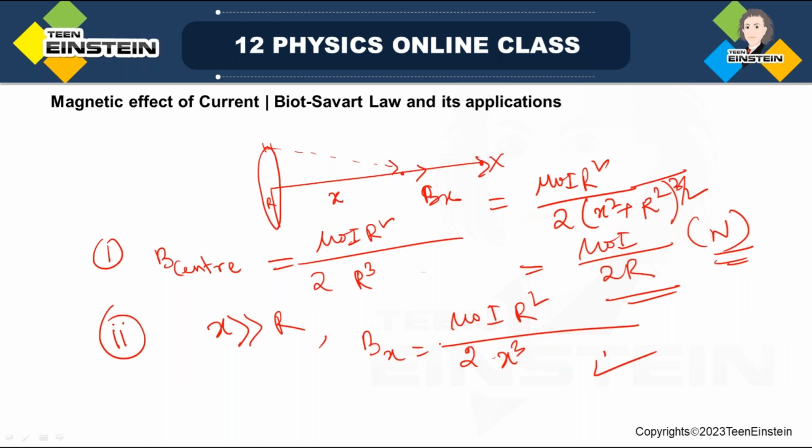Then we have to find out the magnetic field at an axial point at a distance equal to the radius of the coil. If x is equal to r, then I'll put it here. So Bx will be, with x equal to r.